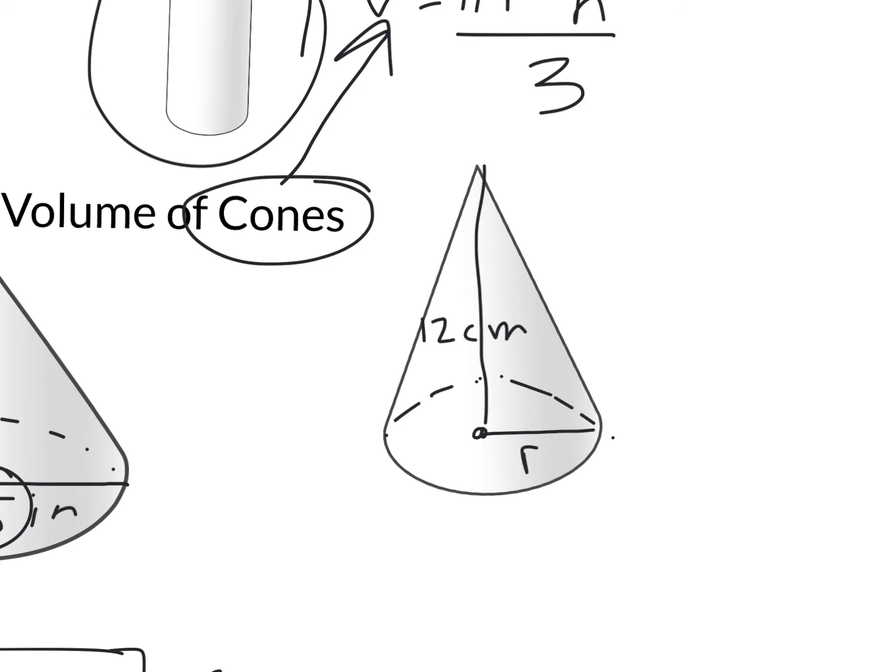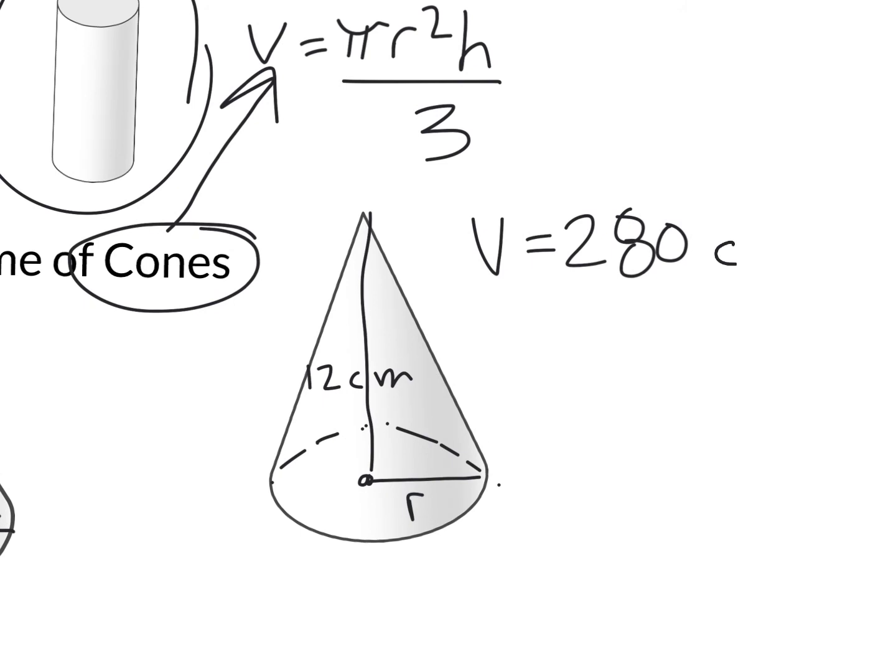We don't know it, but we do know that the volume of this cone is equal to 280 cubic centimeters. Could we find the radius? Well, first thing we need to do is write out our equation, which is volume is equal to pi r squared, that's the area of the base, times the height, divided by 3.